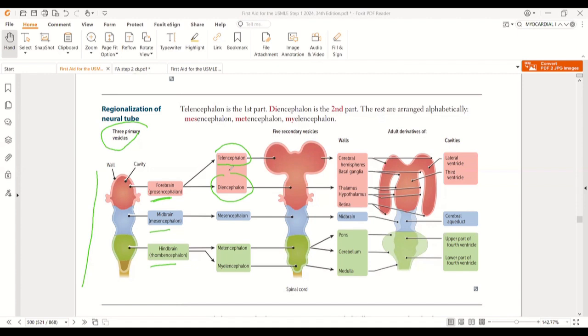Again, the high yield step is that if this division does not take place, there is an association with holoprosencephaly. If the prosencephalon does not divide into the telencephalon and diencephalon, then the pathology is known as holoprosencephaly.